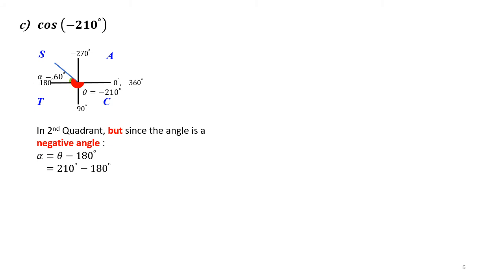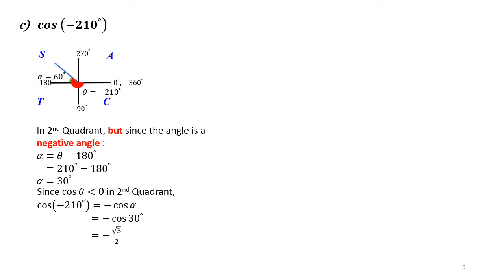So 210 minus 180 degrees will give us alpha is equal to 30 degrees. Next, because we need to evaluate cos negative 210 degrees, which is in the second quadrant, we know here cos will be negative because in the second quadrant only sine theta will be positive. So we can rewrite cos negative 210 degrees is equal to negative of cos alpha, where our alpha is 30 degrees. So negative will just follow, and cos 30 degrees will take the value root 3 over 2 from the special angle.